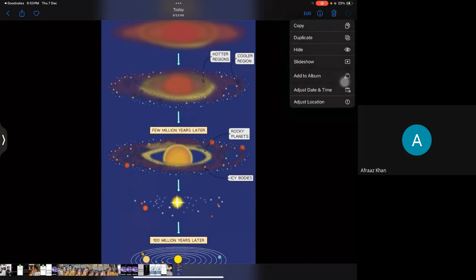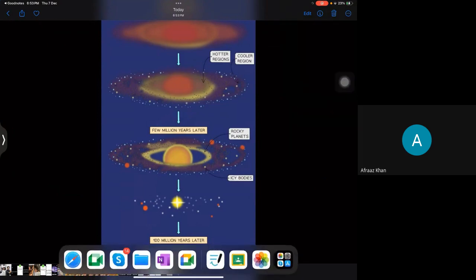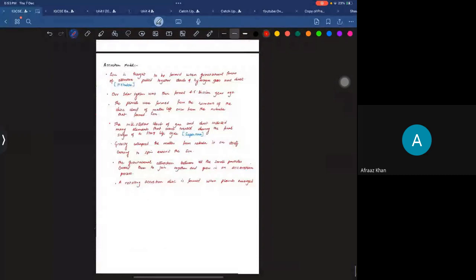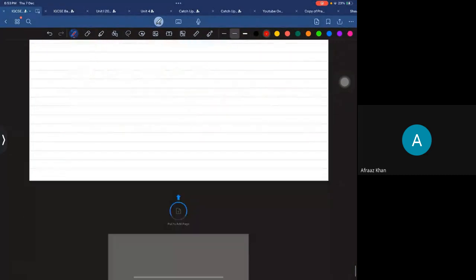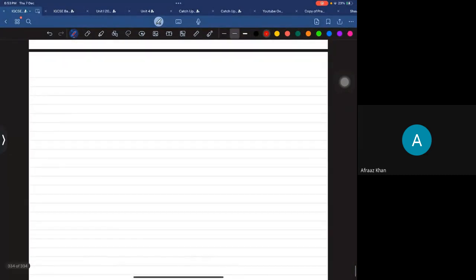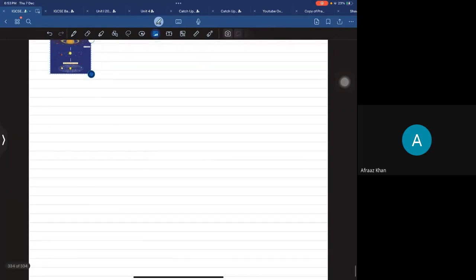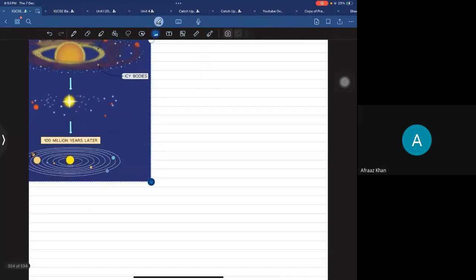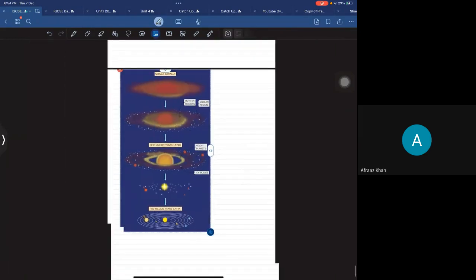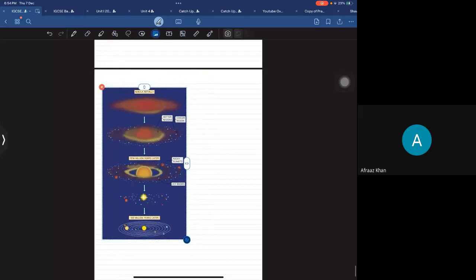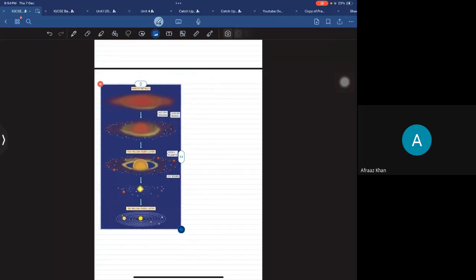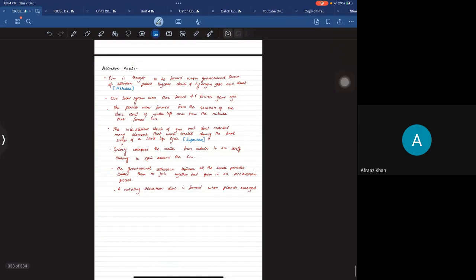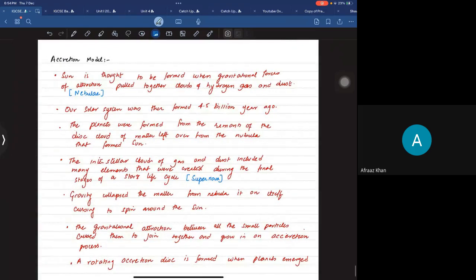Let's copy this, put it here. Oh, we don't have much space left, so I'm going to put it on the next slide. Okay, that looks okay. The explanation, and then I'm going to put it here, so you can write this down. Let me see what Imam has asked.